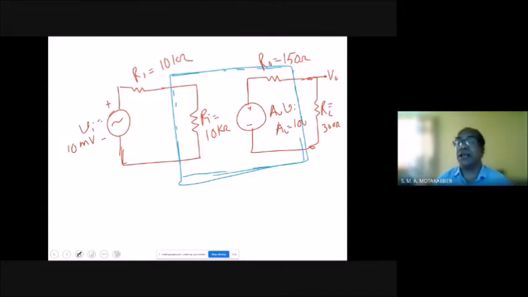The rest of the circuit is not the amplifier. It is actually the input device and output device. So this type of circuit we will provide you in your exam and ask you to calculate the voltage gain of the amplifier with respect to the source voltage Vs.